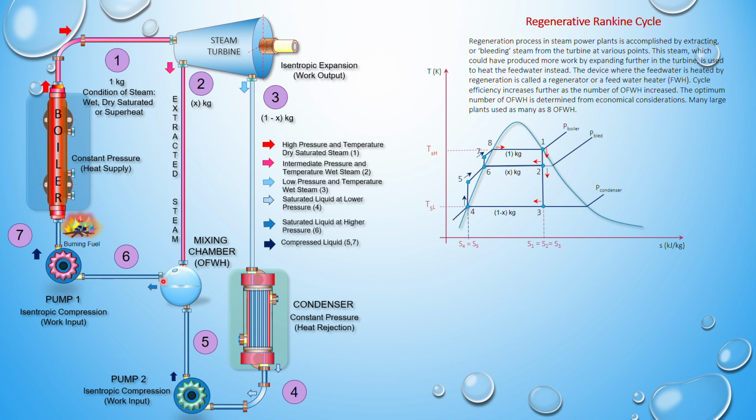Why a mixing process here? In order to create liquid of slightly higher pressure and temperature before it goes into the boiler, so that a certain amount of fuel can be saved.